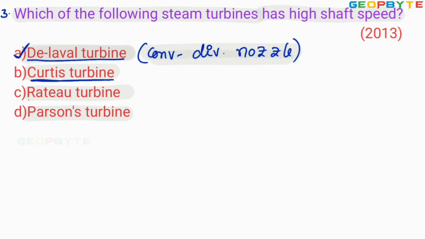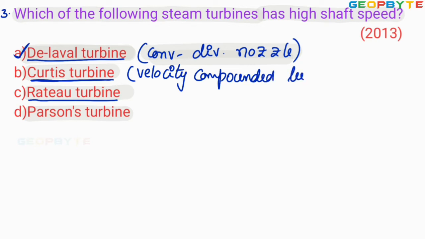Pressure compounding is called Rateau turbine. Here Curtis turbine means velocity compounded turbine. Rateau turbine means pressure compounded turbine.